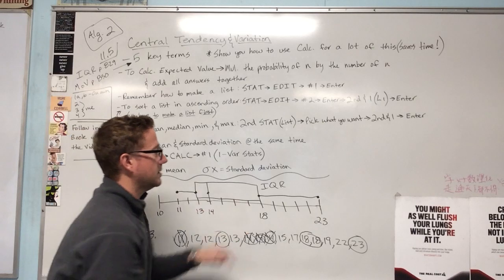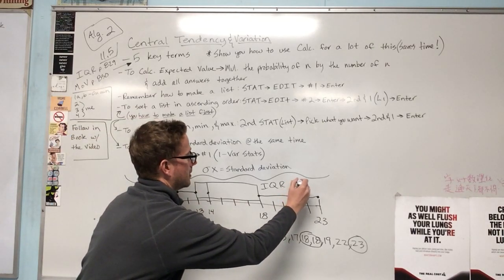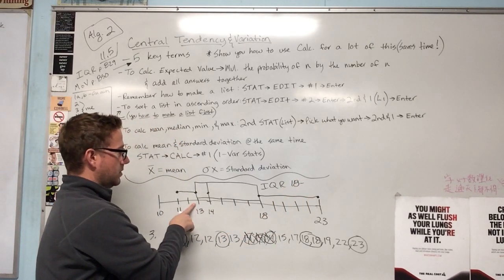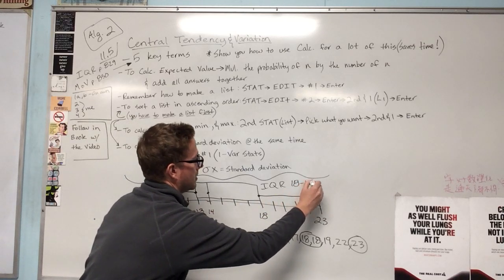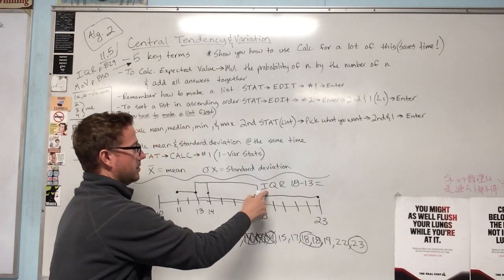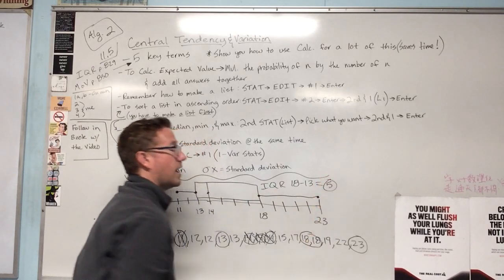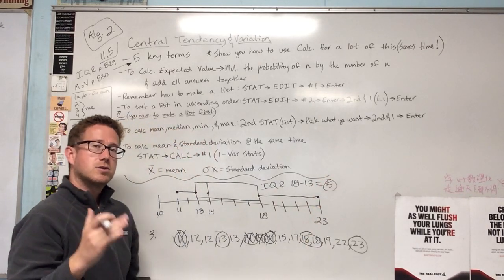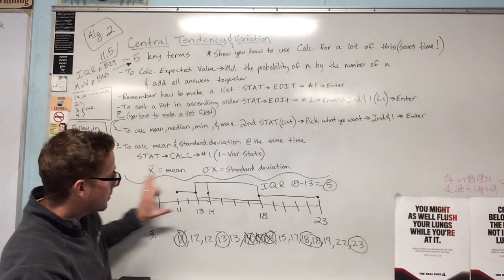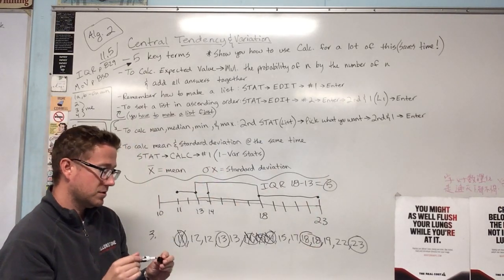So the upper quartile is 18, and we're going to subtract the lower quartile, which is 13, meaning the interquartile range is 5.